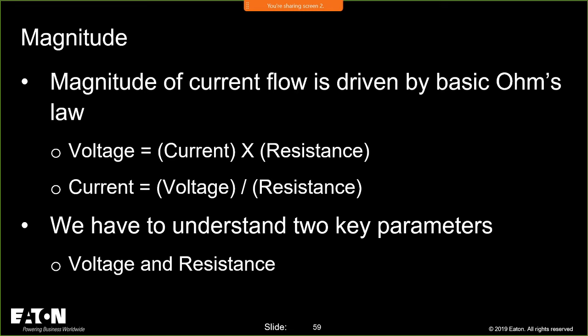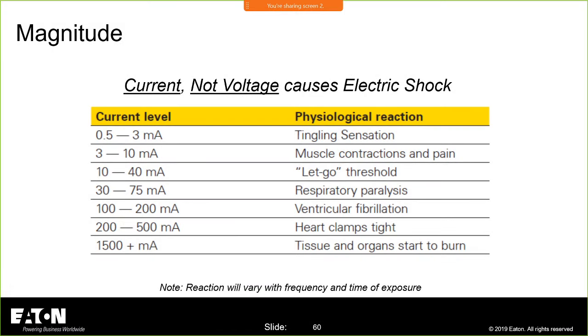We have a lot of information to help us understand that value and what the amount of current does to the body. We know 0.5 to 3 milliamps will give you a tingling sensation. 3 to 10 milliamps is when muscle contractions and pain start. And 10 to 40 milliamps is when the let go threshold is. We talked about that in one of our questions.